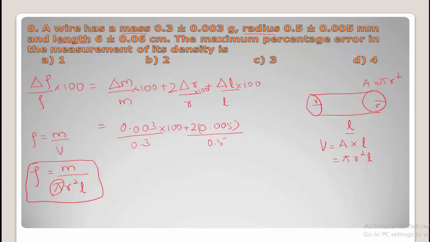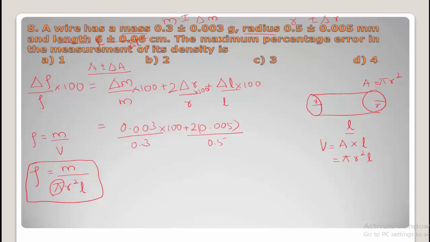I think you know that this is r plus or minus delta r. This is m plus or minus delta m, and this is L and this is delta L. So it is given like this, A plus or minus delta A. So all the quantities are in this form.